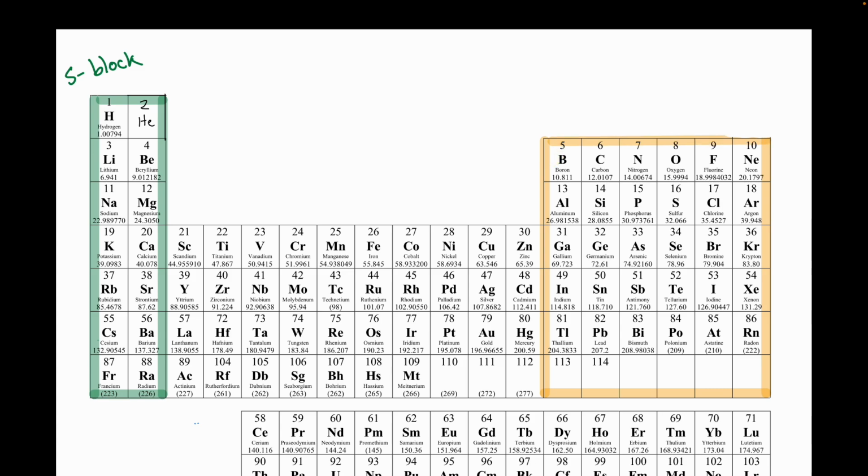All right, so our next block we're going to do is over on the other side of our periodic table with a bunch of our non-metals. This is what we call the P block. All right, we got this middle portion where our transition metals live.